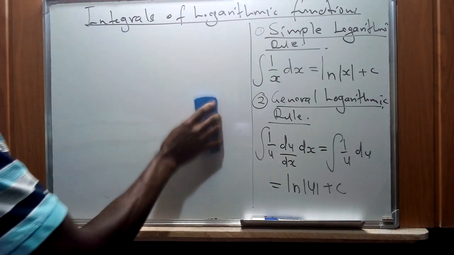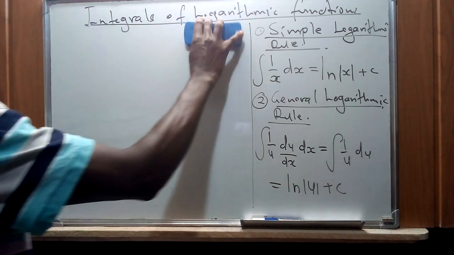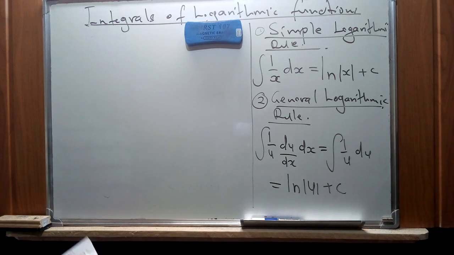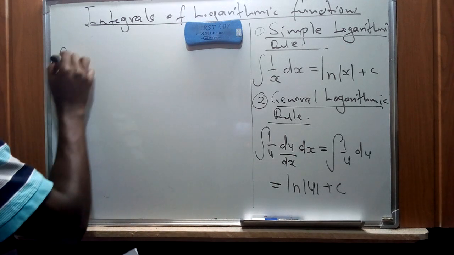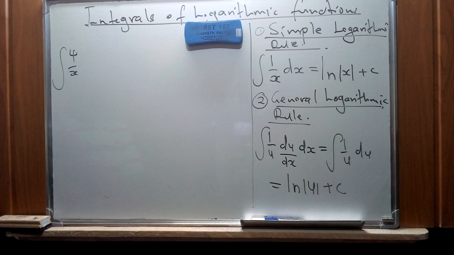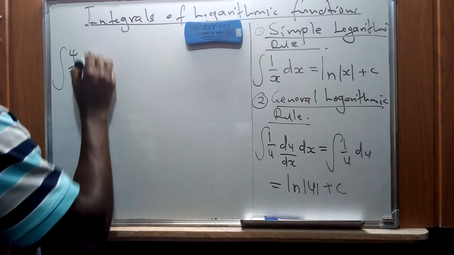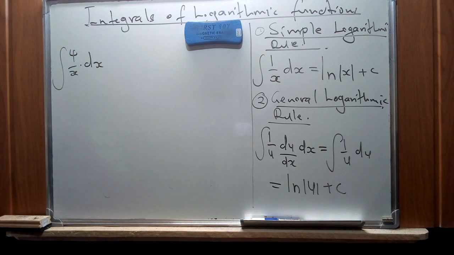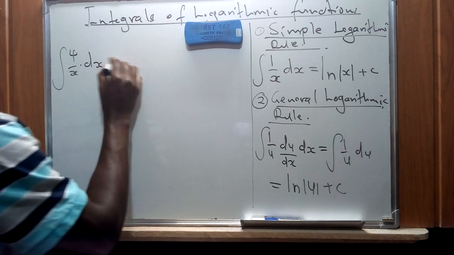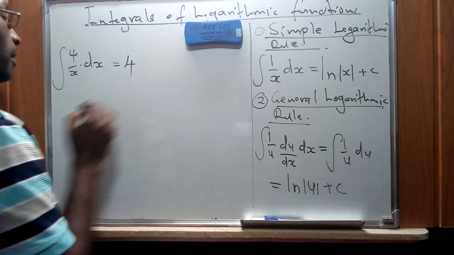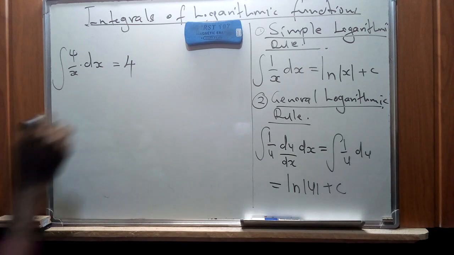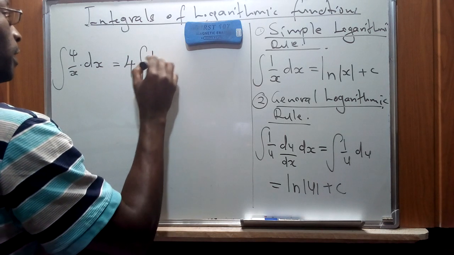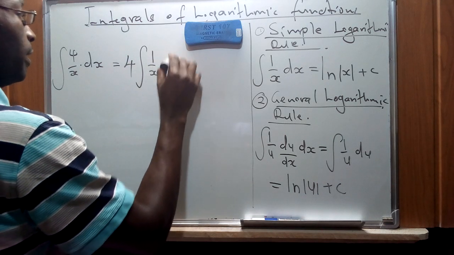So suppose we have a function of the form the integral of 4 over x dx, and we are asked to find the integral. Since 4 appears as a coefficient, we are going to put it outside. We have the integral of the form 1 over x dx.